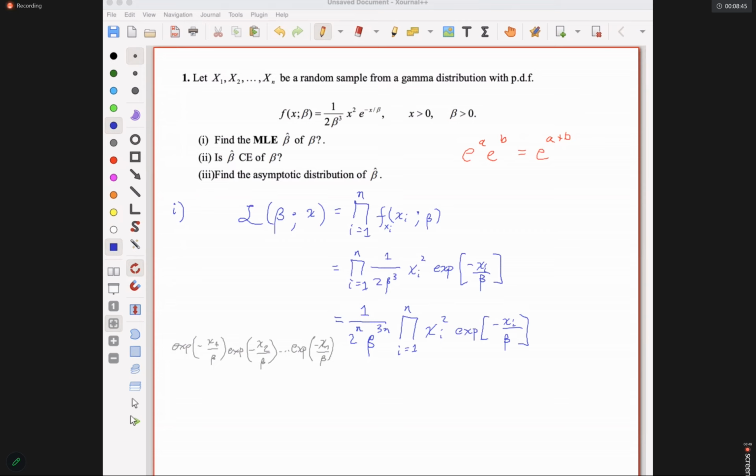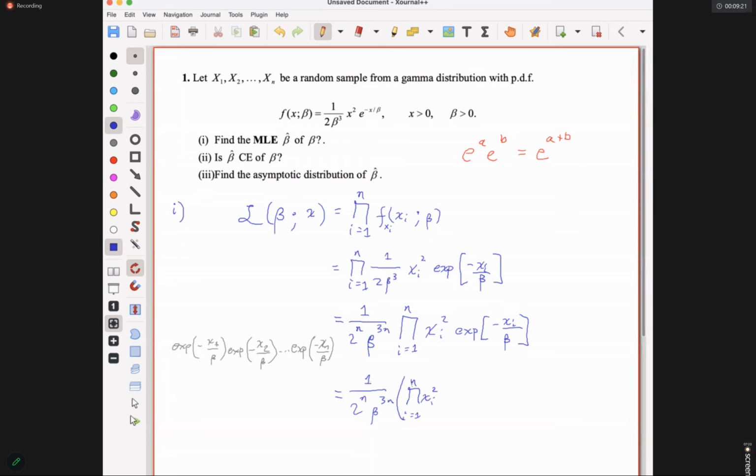We're taking the product of all of these exponentials, and so the powers then get added together. So what this will turn into is 1 over 2 to the n, beta to the 3n, product from i equals 1 to n of xi squared.